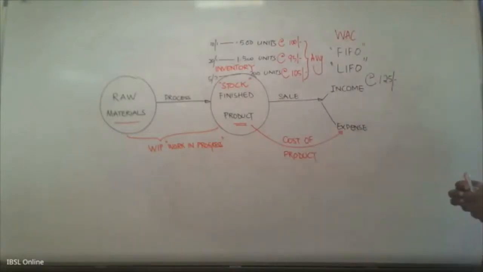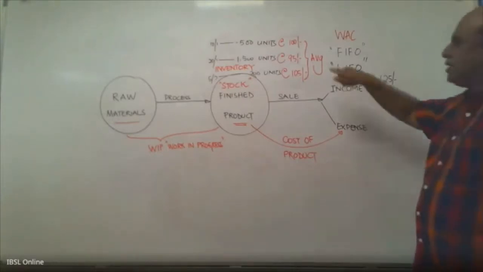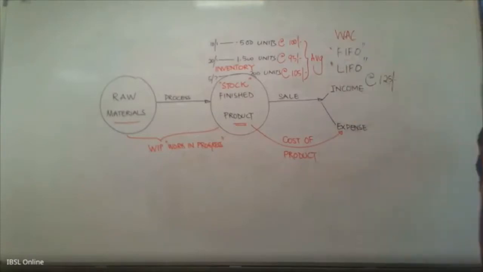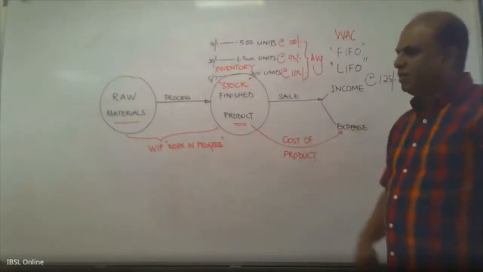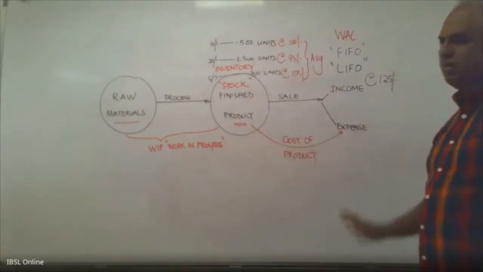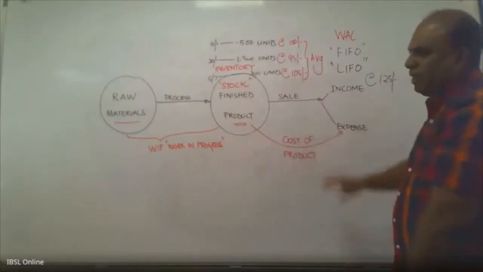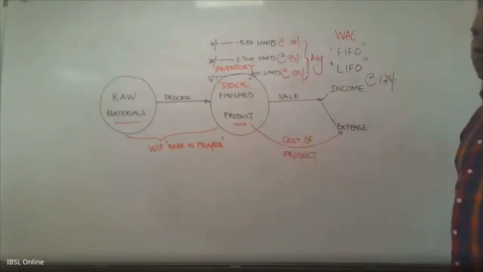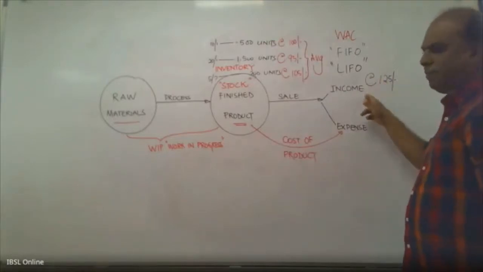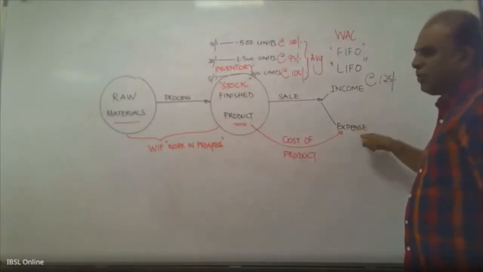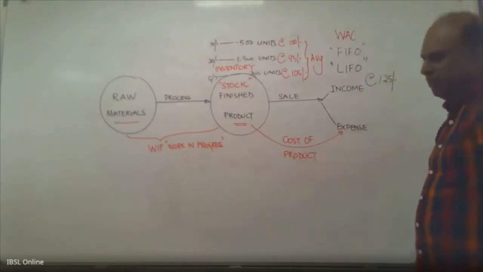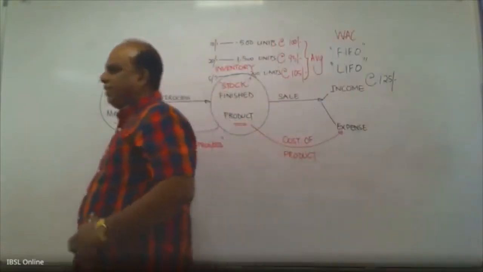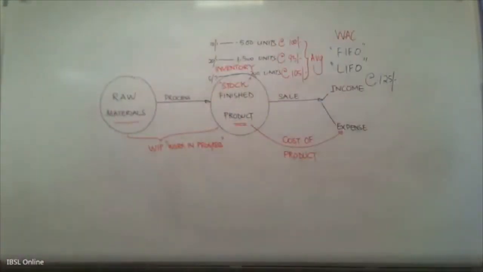That is why we call it the weighted average cost method. I am not bothered about which came first or which came last. I have put everything into one basket, pick one, and sell it. When I am selling it, I know the income. But how do I recognize my expense? For that, I will use the weighted average cost method. Is that understood?